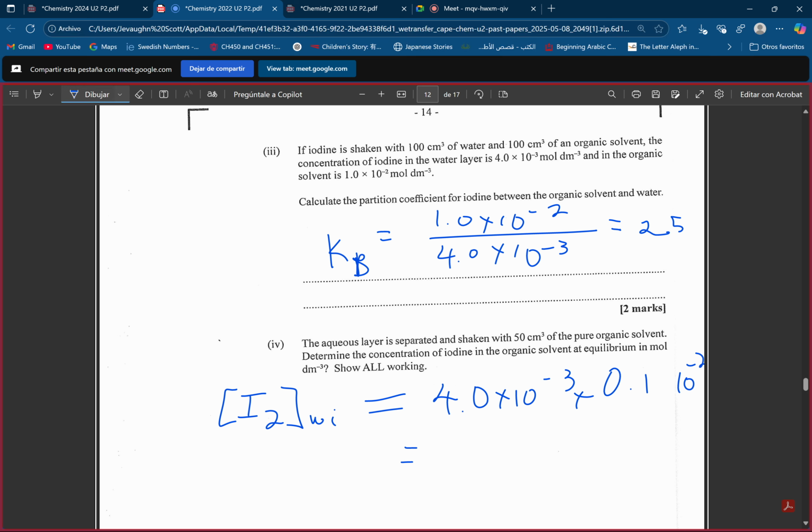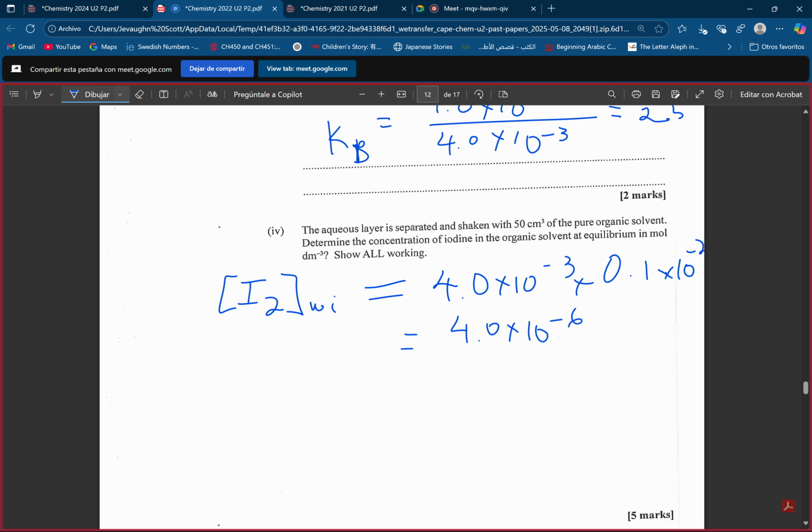Yes. Negative 6? Hmm. Why it feels like something is going to be off today. Hold on one moment. Okay, let's see what value we get for this answer. Times 10 to the negative 6.